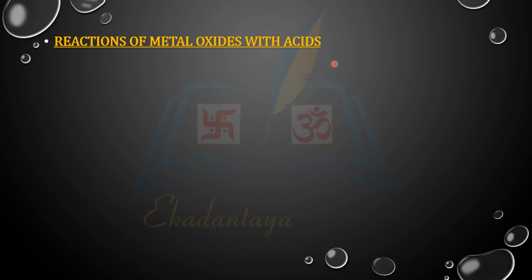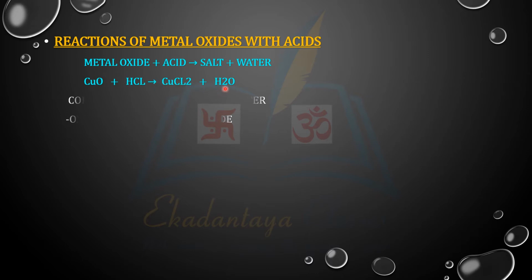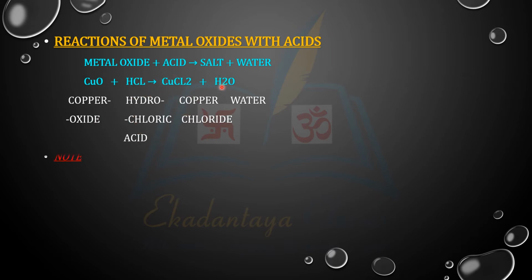Reaction of metal oxide with acid. Metal oxide plus acid gives salt plus water. CuO plus 2HCl gives CuCl2 plus H2O. This is copper oxide, this is hydrochloric acid, this is copper chloride, and this is water.